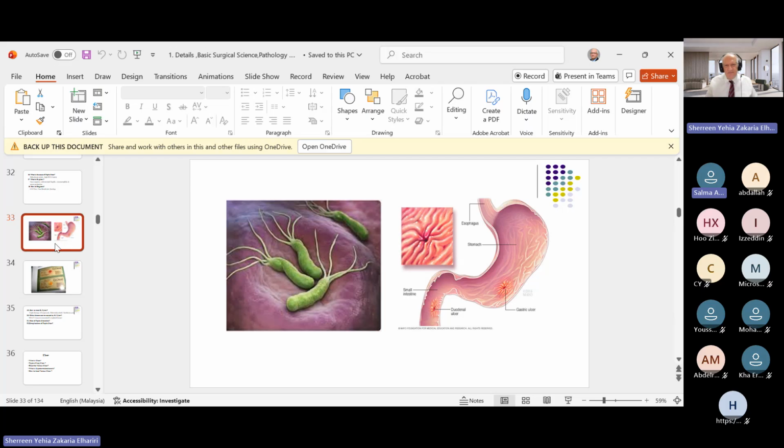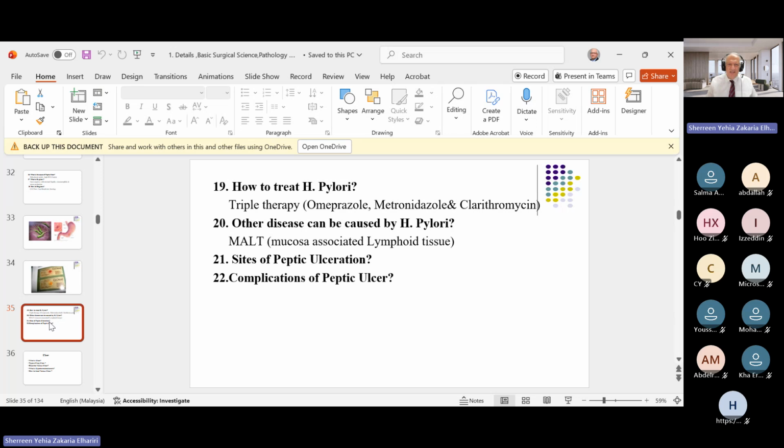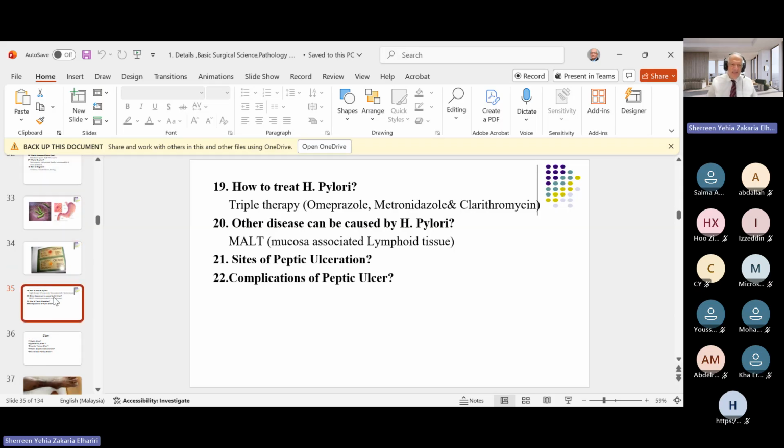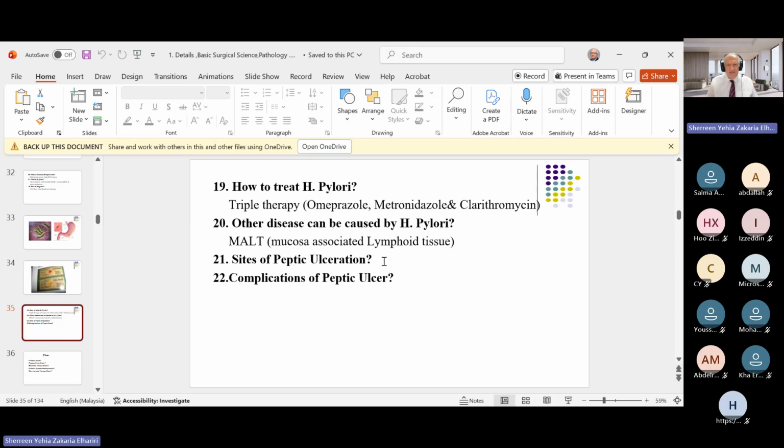May cause MALToma, mucosa associated lymphoid tissue. All right. So, what is the site of peptic ulceration usually? Mainly at the antrum. Okay, and it can be anastomotic peptic ulcer, can be in Meckel diverticulum, which is rare. What are the complications of peptic ulcer?